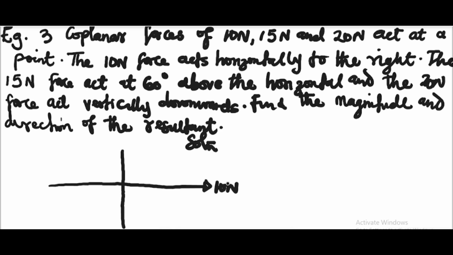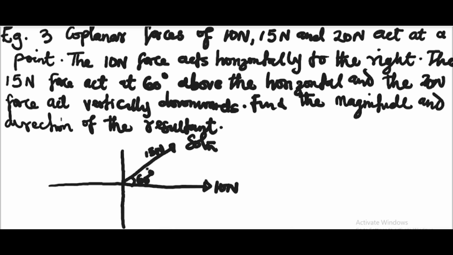Okay, so the 15 Newton force acts at 60 degrees above the horizontal. So that means it is here. I have 15 Newton here, and then I have 60 degrees here above the horizontal, right?